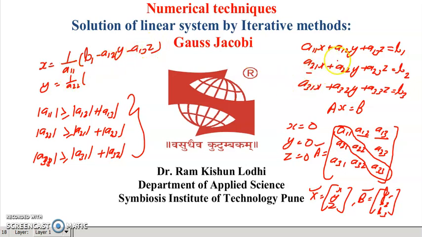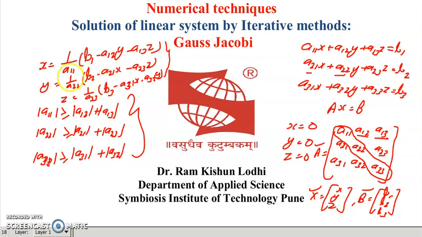Similarly for y, if a22 is greater than or equal to the sum of the coefficients of x and z, then y equals 1 by a22 into b2 minus a21 x minus a23 z. For the third, z equals 1 by a33 into b3 minus a31 x minus a32 y. From these equations we can calculate the values of x, y and z.